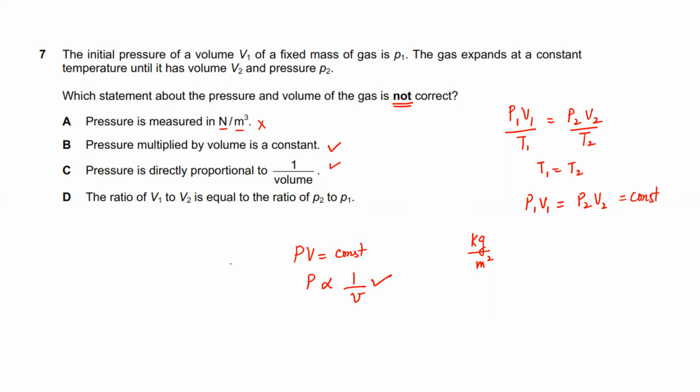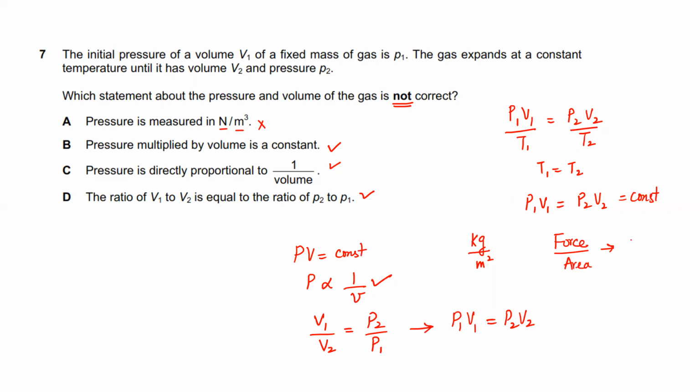The ratio of V1 to V2 is equal to P2 by P1. If we simplify this ratio, we get P1 V1 equals P2 V2. So this is also correct. So let's see this statement. Remember, pressure is force per unit area.